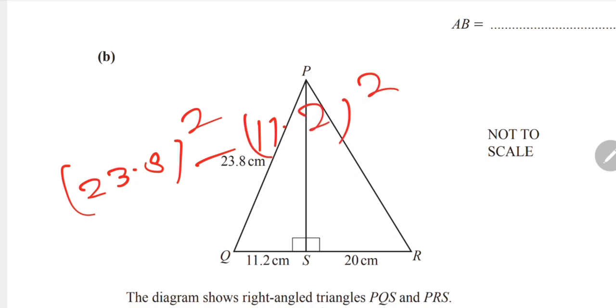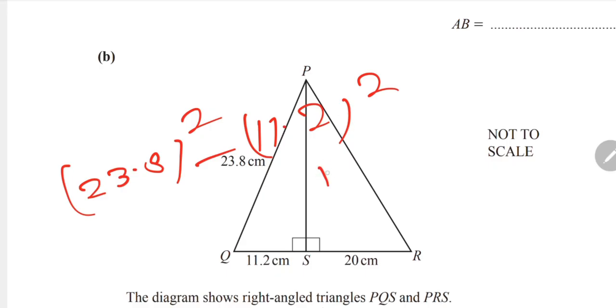Okay, so when you get this value, wait, I am using the calculator. So this is 441.